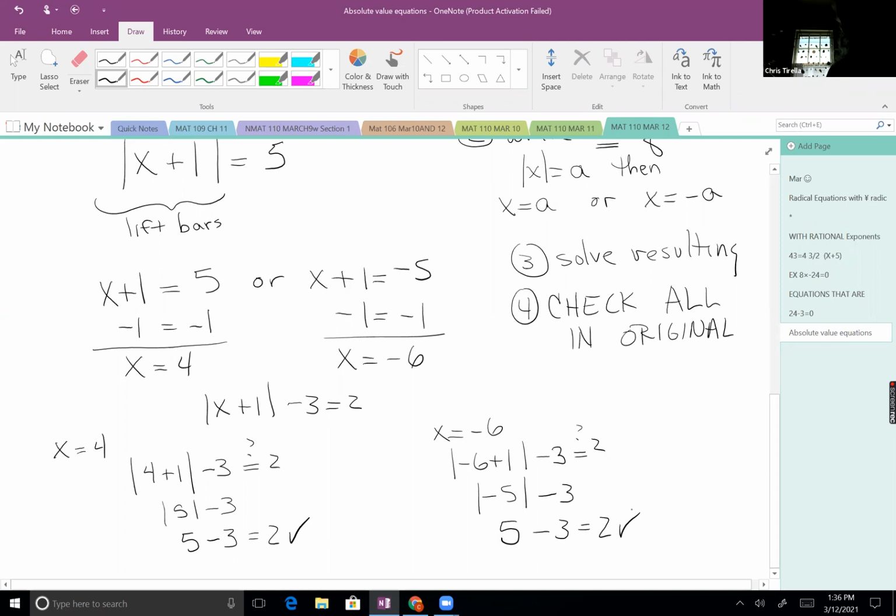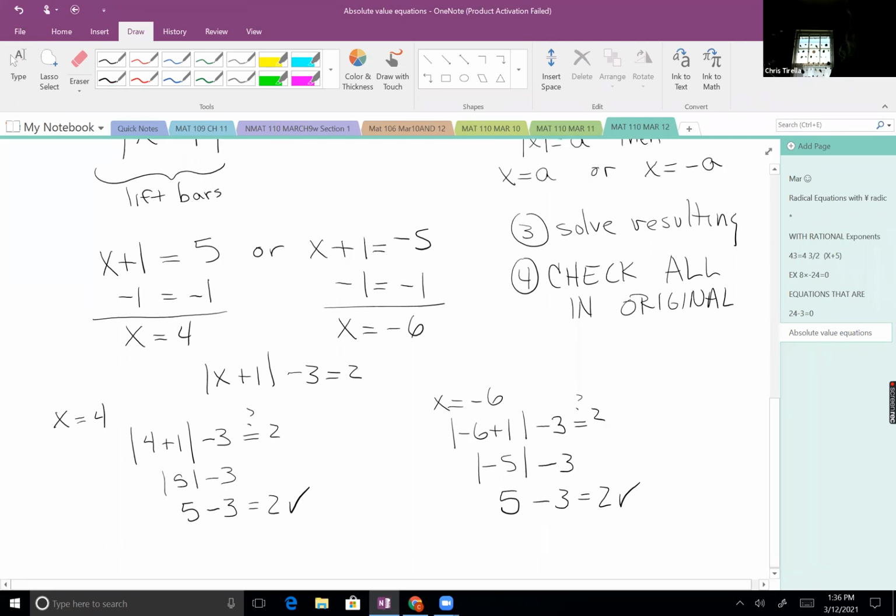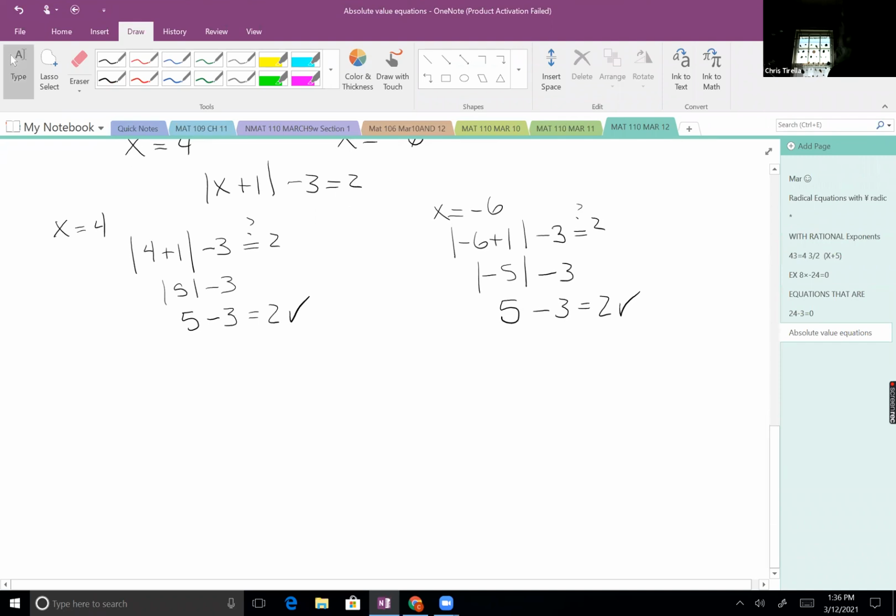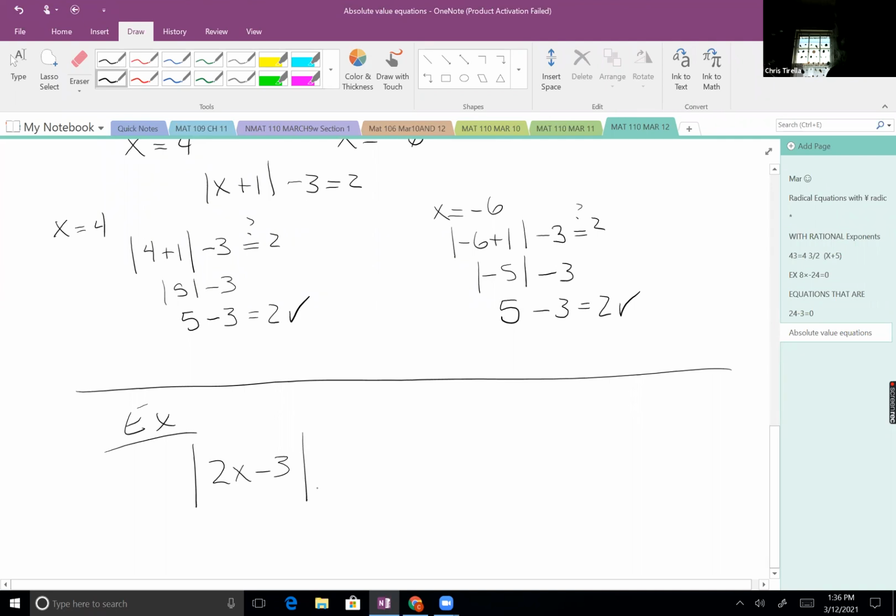I think we probably just have enough time to do a couple more of these. So let's look at the next example, the absolute value of 2x minus 3 minus 8 equals 3.